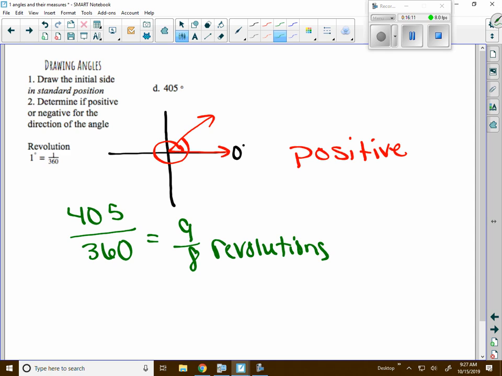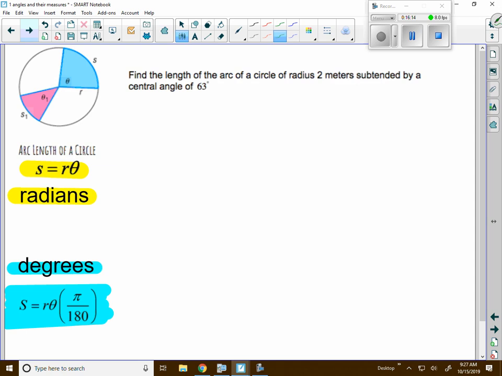All right, the meat of this lesson is to find the arc length of a sector of a circle and to find the area of a sector of a circle. So let me break down before we begin, what is arc length? If you look at the circle that you have there, this part labeled S right here, that is an arc.